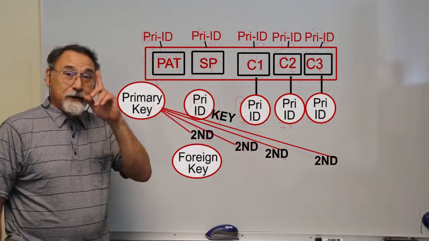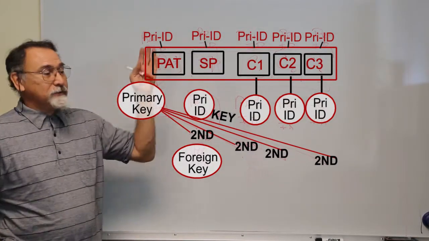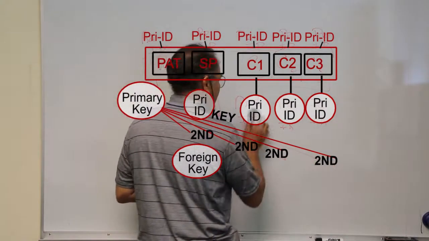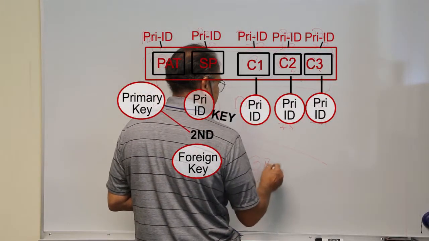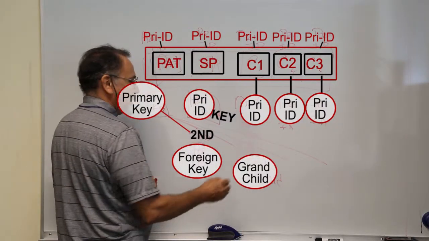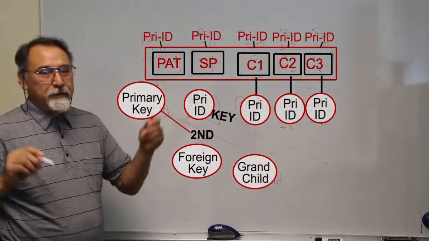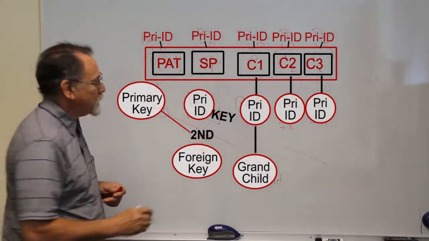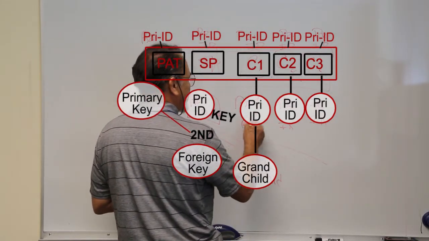All right? Now it gets even more interesting in the case, let's say for example, for whatever reason, one of these now has a grandchild. So now you have the grandchild. Okay? Now the grandchild would be subordinate to the parent of that child. So now this would be the primary identifier.